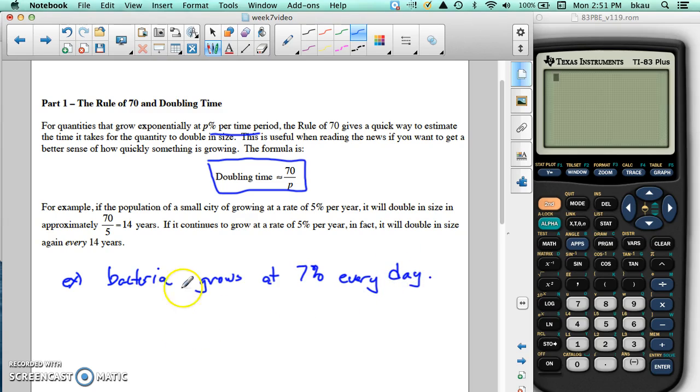Then our doubling time would be 70 divided by 7, or 10 days. So it would take 10 days to double. This is in days because our 7% is per day. The previous one was in years because it was 5% per year. So we use whatever time period they have there for the percent.